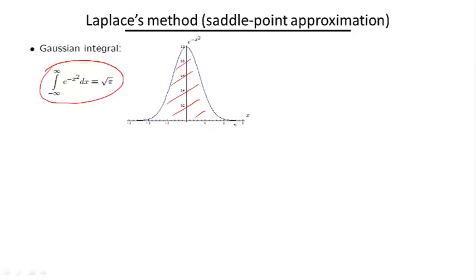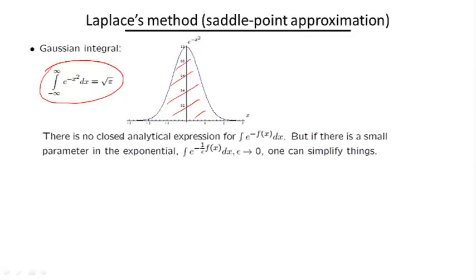Now, there is nothing particularly special about this function, but it does appear in many fields of math and physics. And one property of this function is that it decays very, very fast when the argument x becomes large, either very negative or very positive.